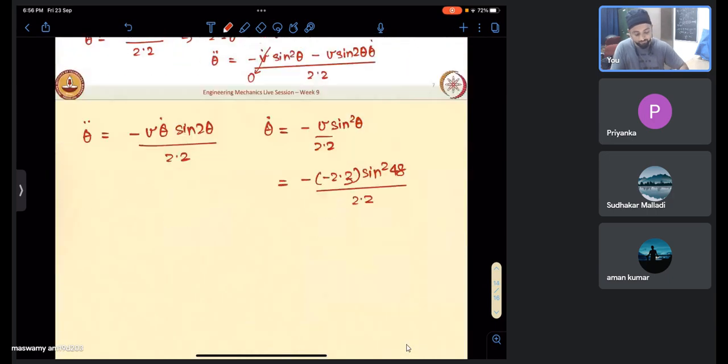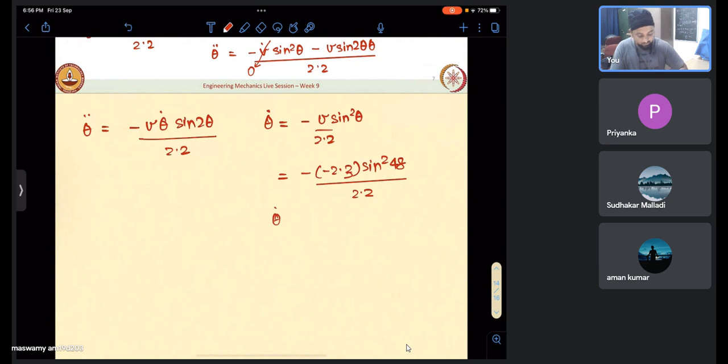Yes. So what is our theta dot? Sine 48 squared into 2.3 by 2.2. It is 0.577 radians per second.